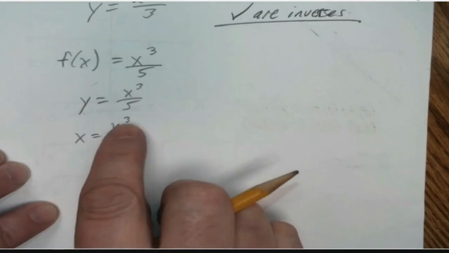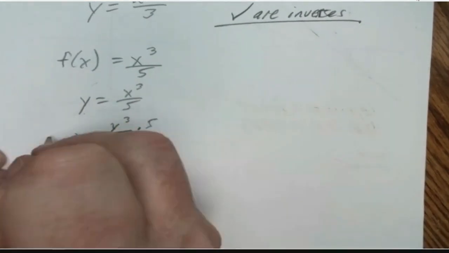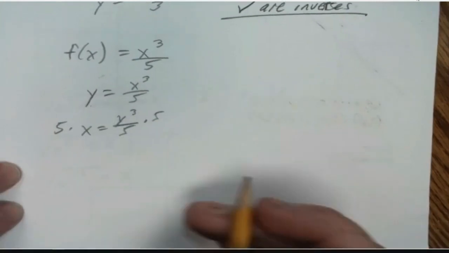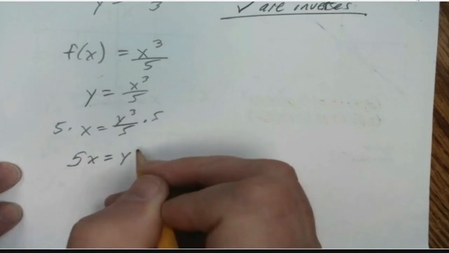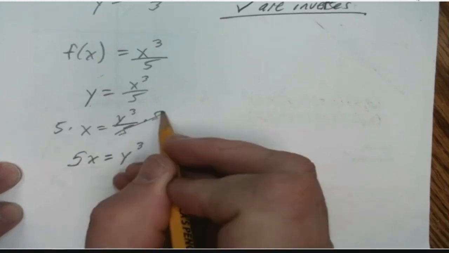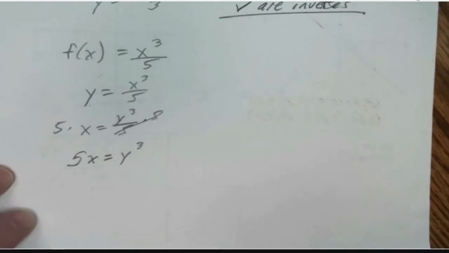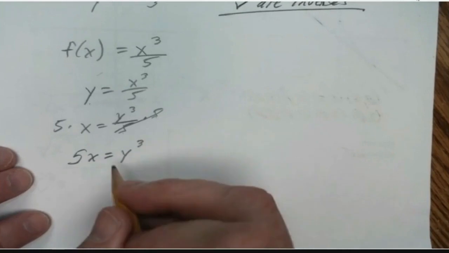Well, if y to the third is divided by 5, then we want to multiply it by 5, which means we have to multiply this by 5. So 5x equals y to the third, because dividing by 5 and multiplying by 5 just cancels each other out, leaves y to the third. We don't have y yet, but we're close.